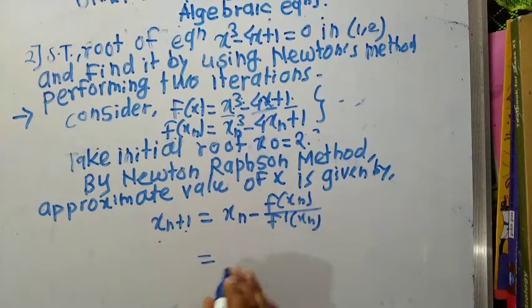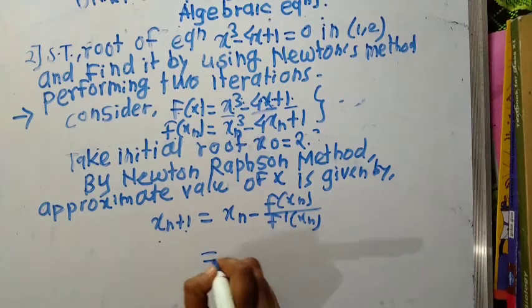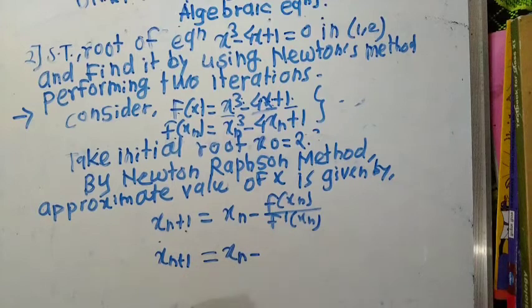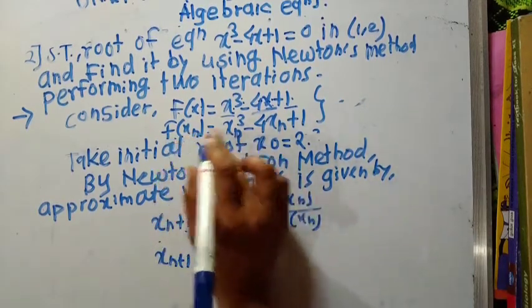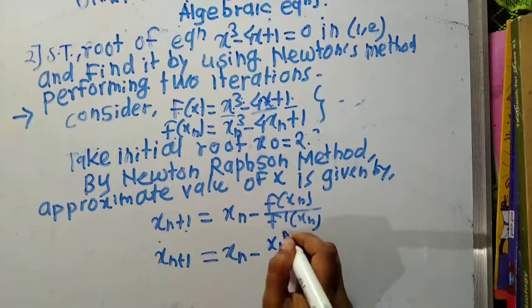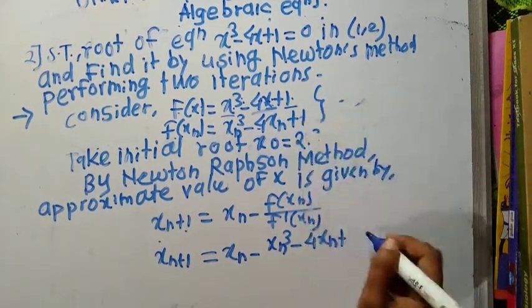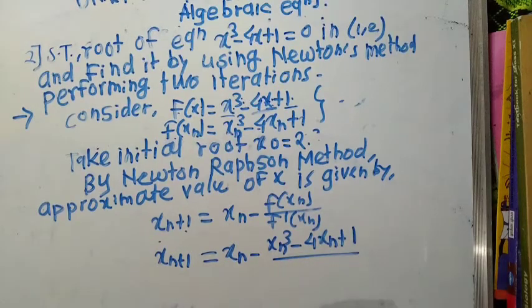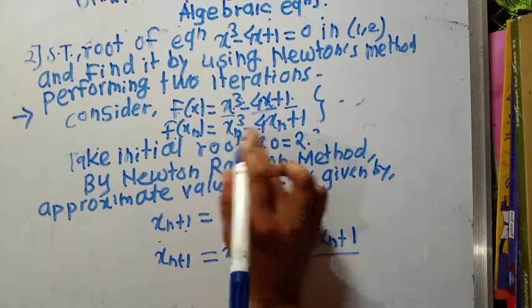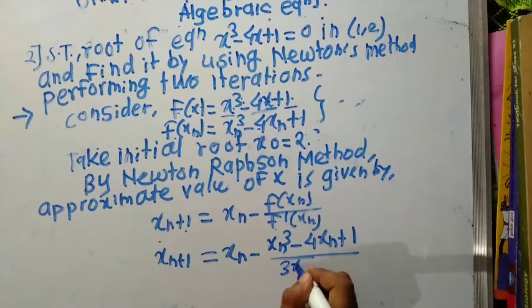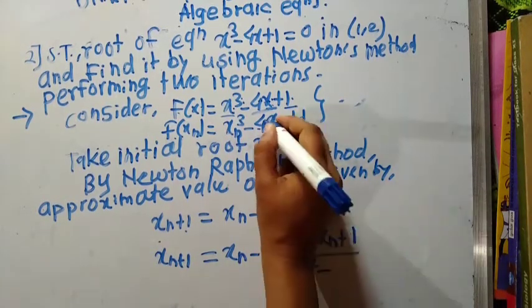So xn plus 1 is equal to xn minus xn cube minus 4xn plus 1 divided by f dash of xn, which we found as 3xn square minus 4.